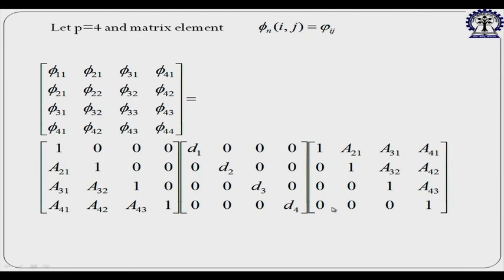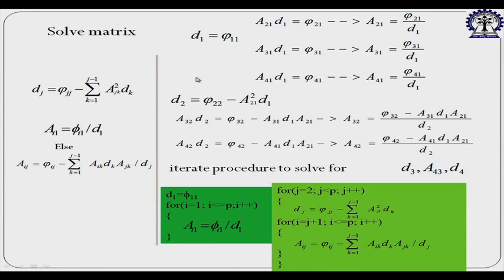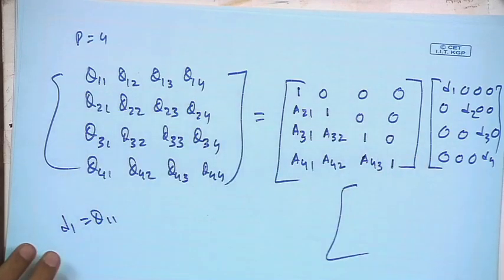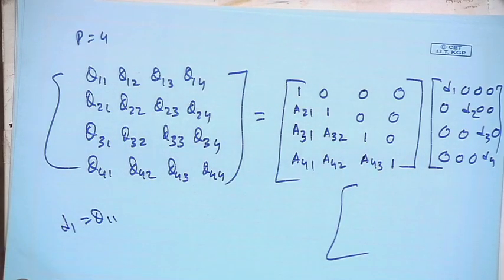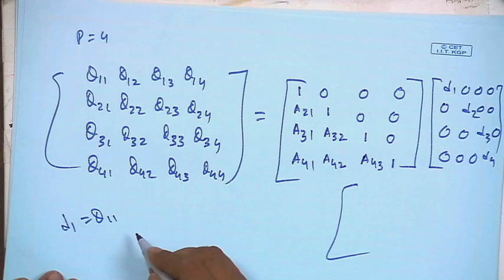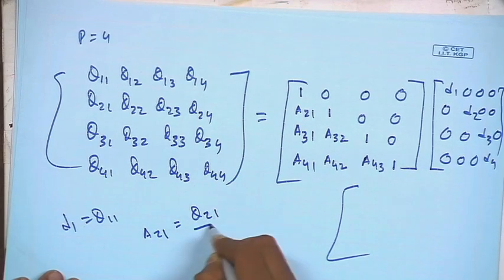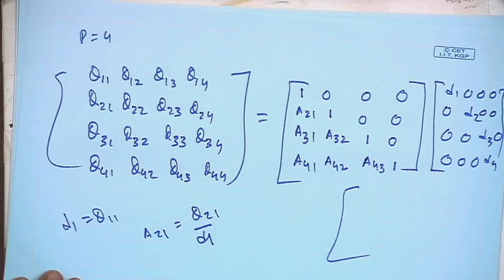Now if I solve this matrix, D 1 is nothing but phi 1 1. Similarly, A 2 1 is phi 2 1 divided by D 1.